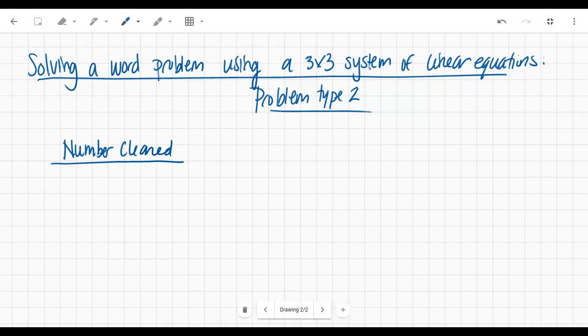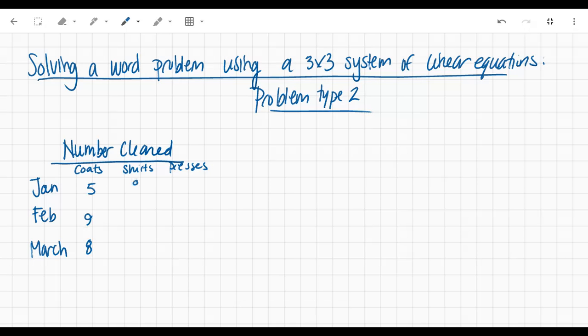January, February, March. And they have coats, shirts, and dresses. And we've got 5, 9, 8, 8, 8, 4, 4, 7, 5.